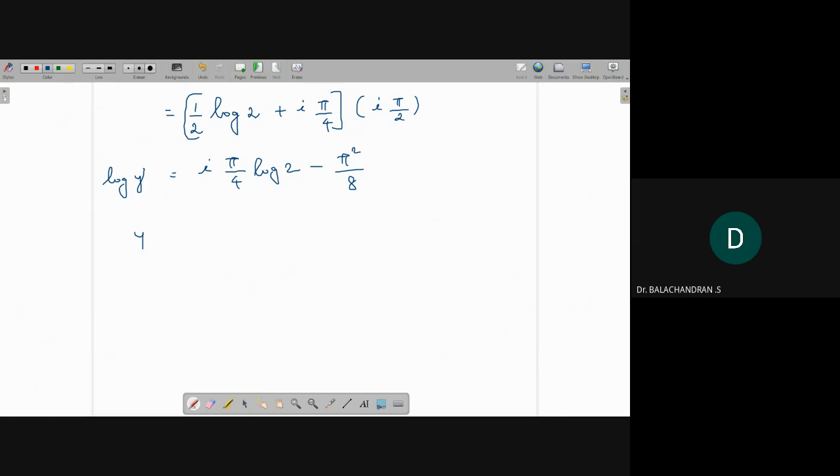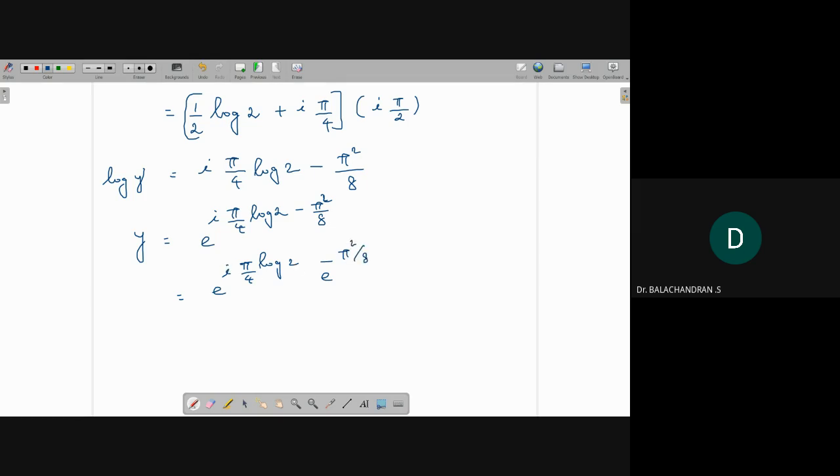From this, what is y? y equal to e power everything. I pi by 4 log 2 minus pi square by 8. Or you can write this as e power i pi by 4 log 2 into e power minus pi square by 8.